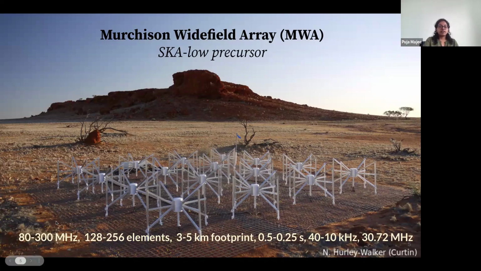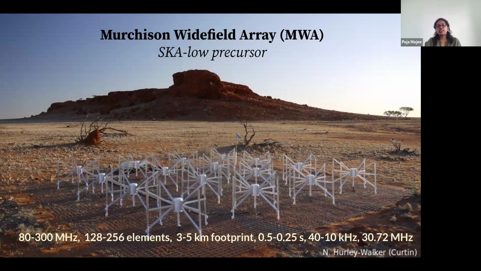But the data that we have used, or the event that we have analyzed here, was taken during phase 1, which means at that time there were 128 elements. The maximum baseline was 3 kilometers, and it could give us data at a rate of 0.5 second and 40 kilohertz. Now, why is this interferometer very important here?